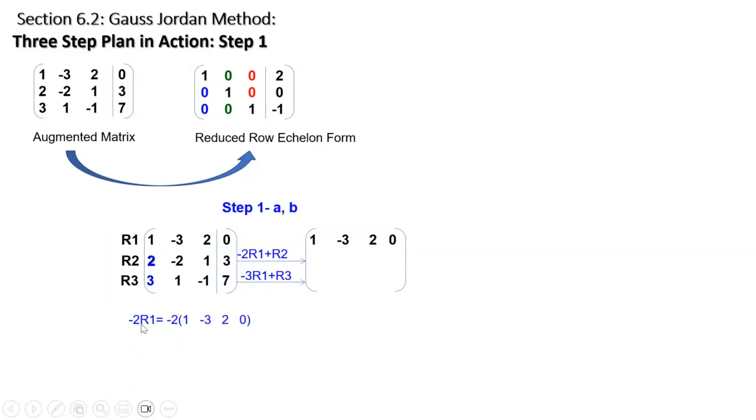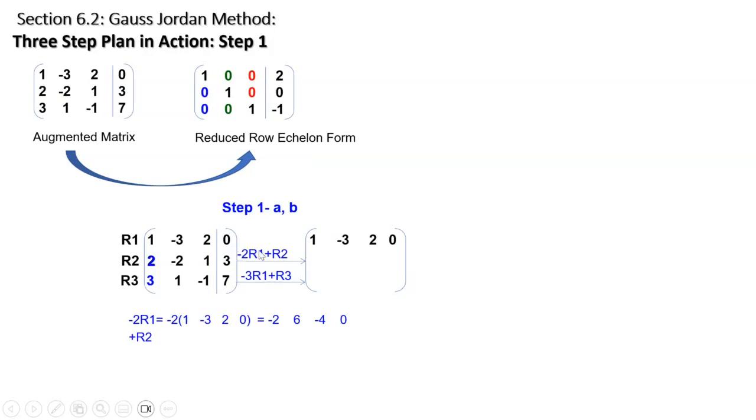And here's my work. -2 times row 1, which is 1, -3, 2, and 0. If I multiply -2 times 1, that gives us -2. -2 times -3 gives us +6. -2 times +2 gives us -4. And -2 times 0 gives us 0.